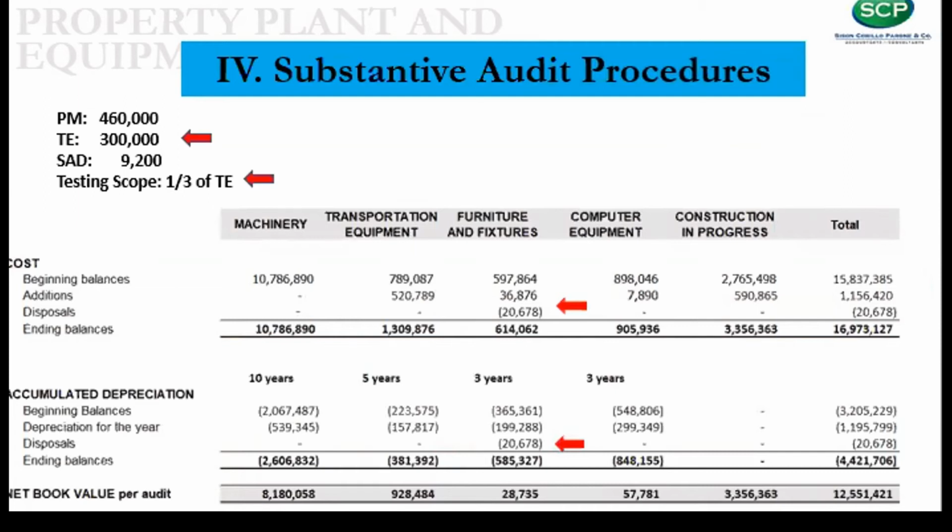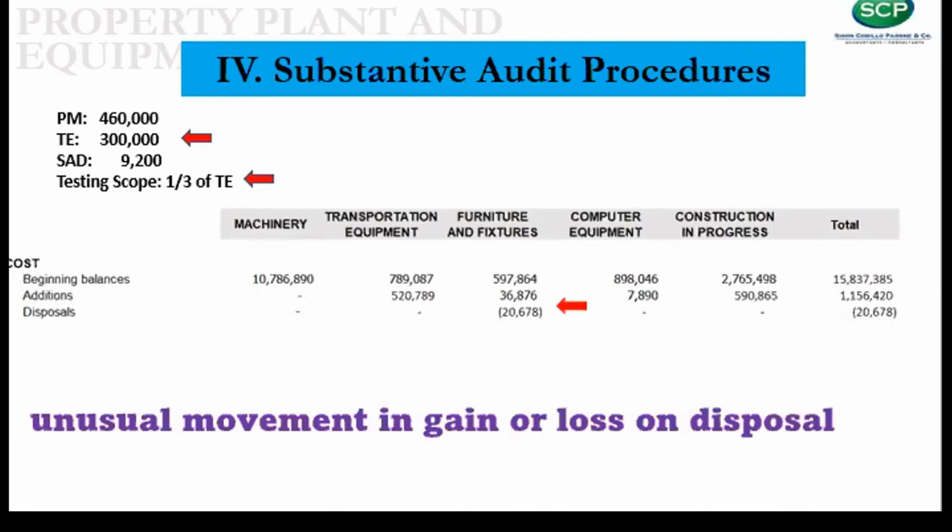Given the TE of 300,000 pesos and testing scope of 100,000 pesos, there's no need to perform an audit procedure on this disposal anymore. However, if there's an unusual movement in gain or loss on disposal of fixed assets charged to profit or loss concerning this particular disposal, then we should consider performing audit procedures as well.